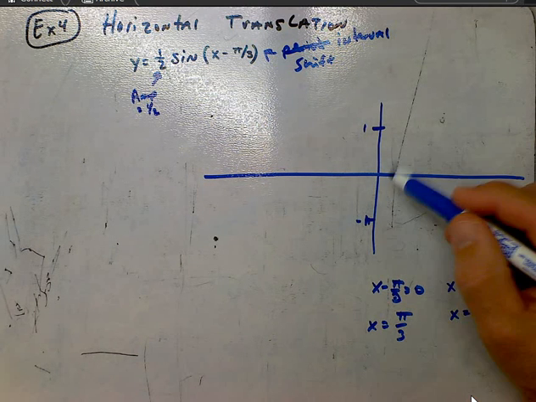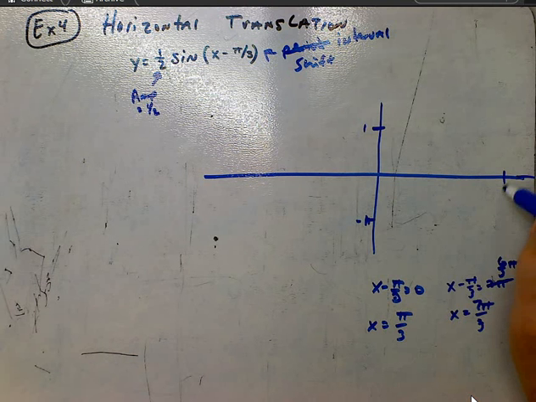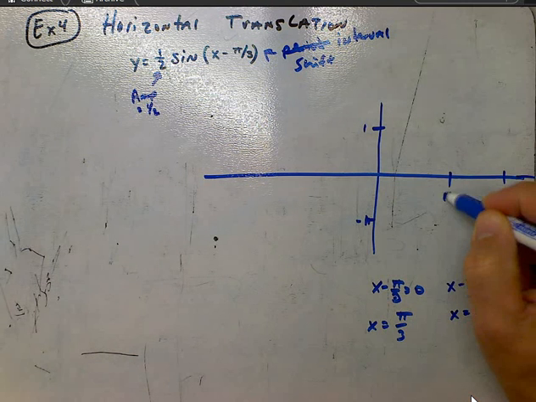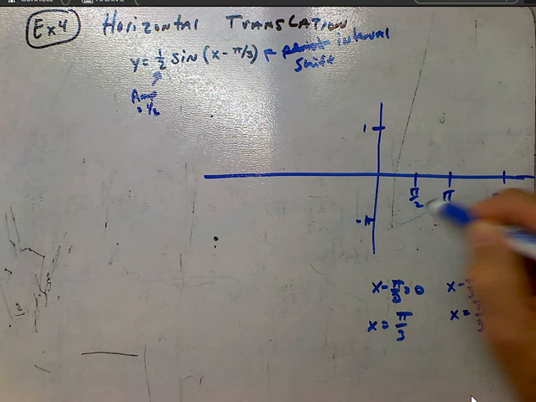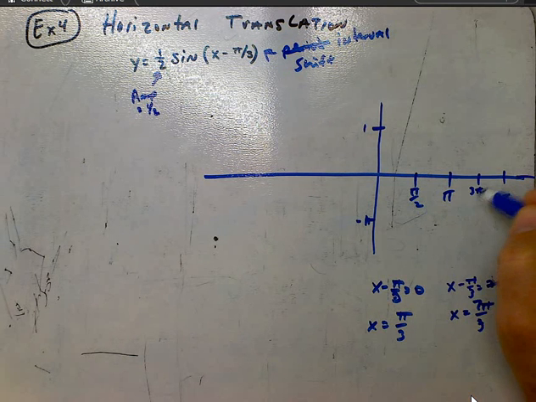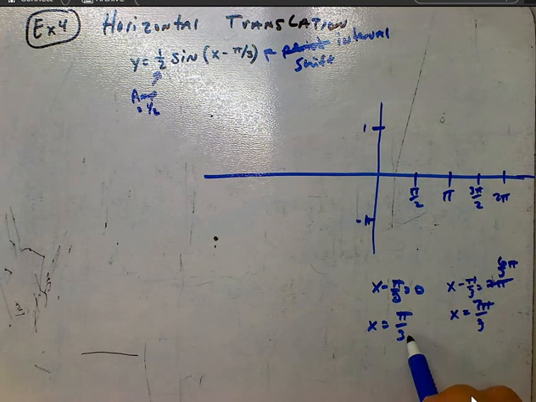So if I put in my normal, there's 2 pi, pi over 2, 3 pi over 2, the normal. Everything shifts this direction, pi over 3 units.